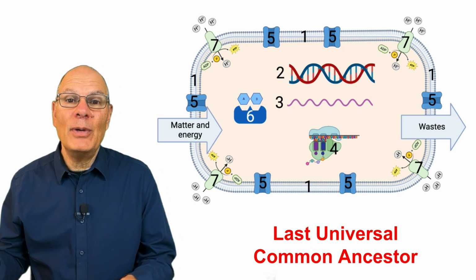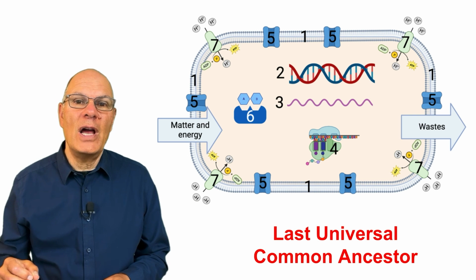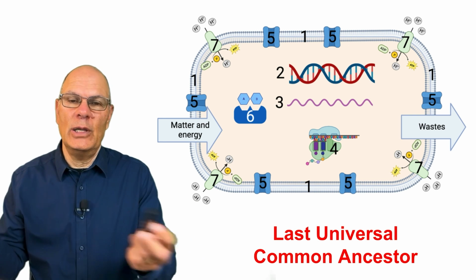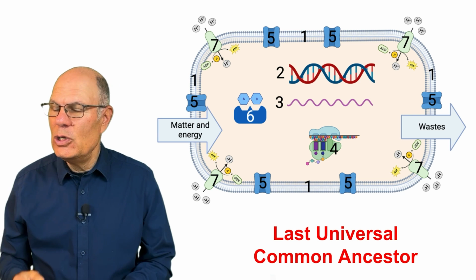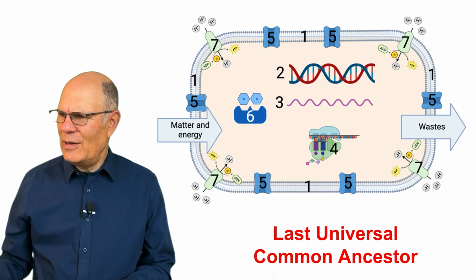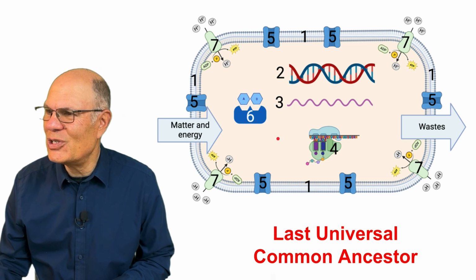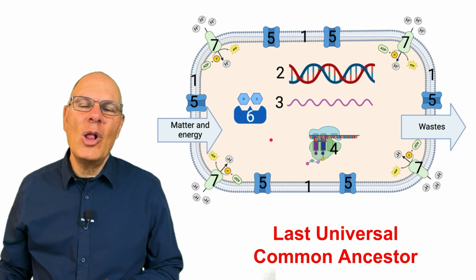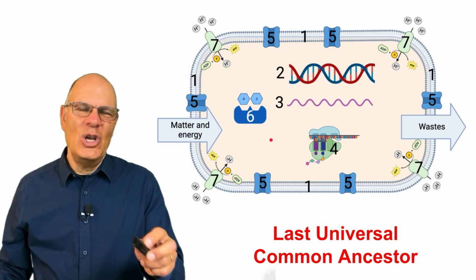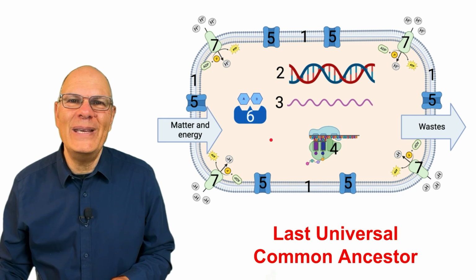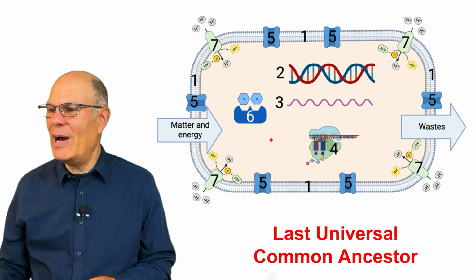That's the population of organisms that gives rise to both archaea and bacteria, and ultimately through a fusion of those two domains to eukaryotes. And if you can look at this diagram, you should pause and test yourself and identify all of the numbered items. Then you've learned a lot of cellular biology and you're well on the way to being set up for success on the AP Bio exam.